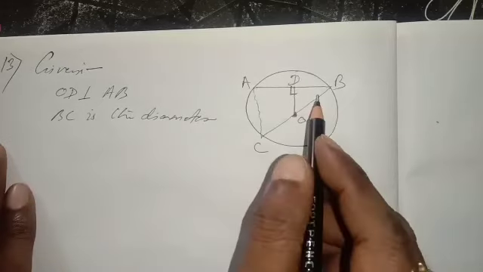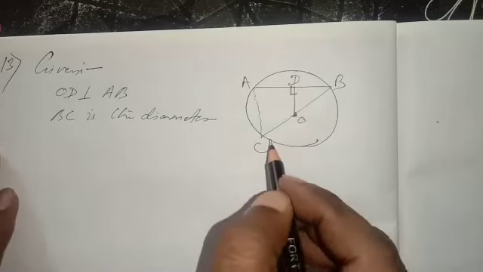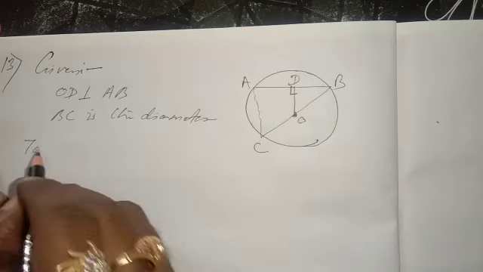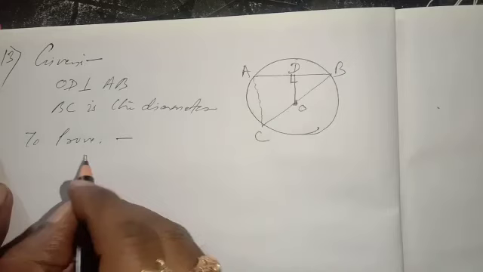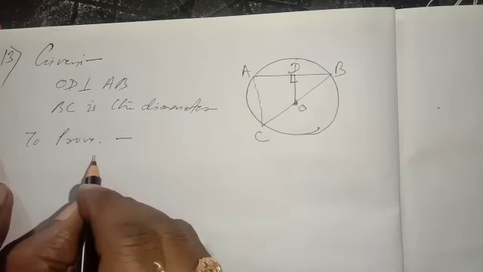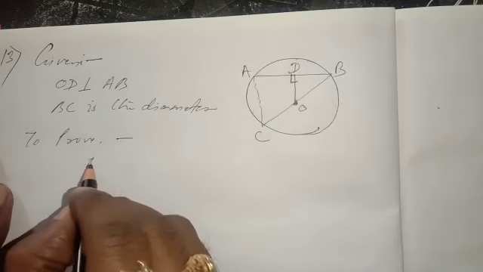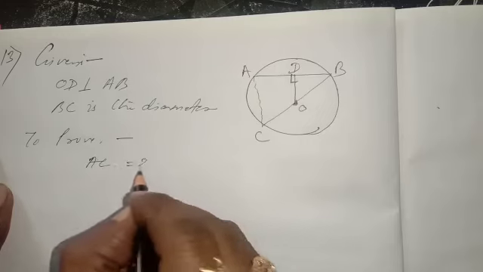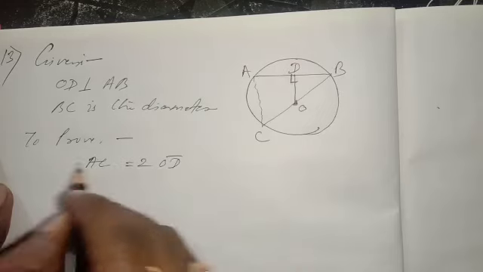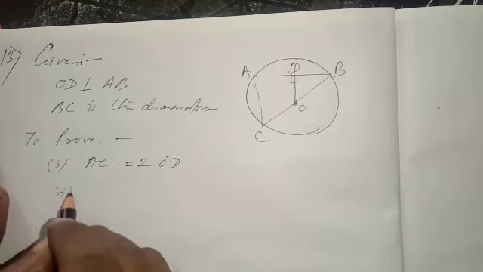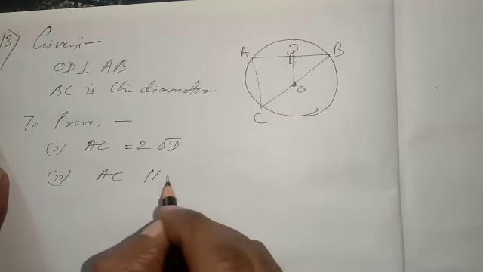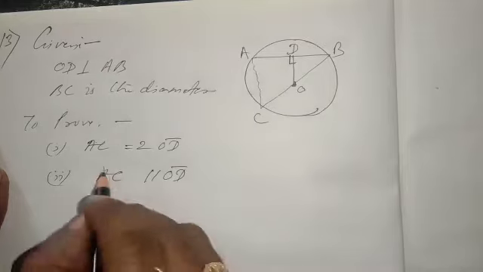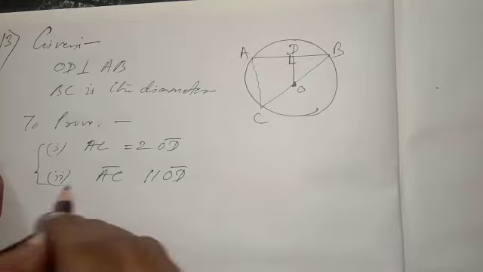OD perpendicular to the chord AB, BC diameter, and to prove: AC is equal to twice OD. This is the first part, and second part you have to prove AC parallel to OD. The two things you have to prove.